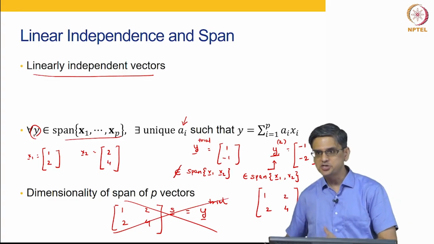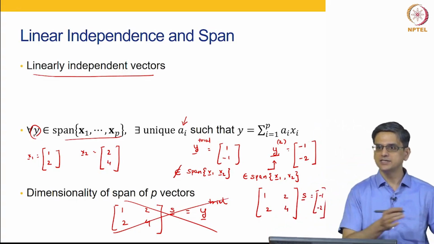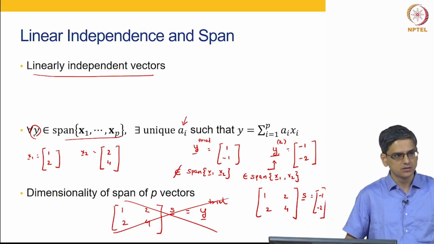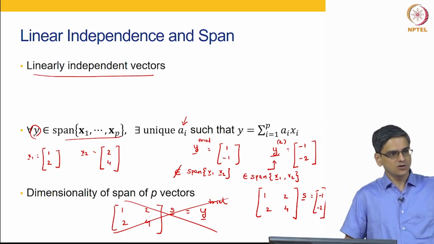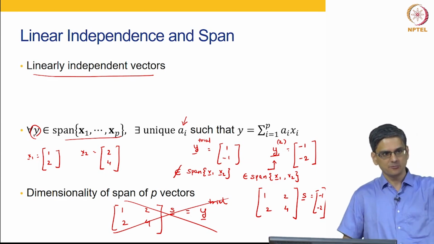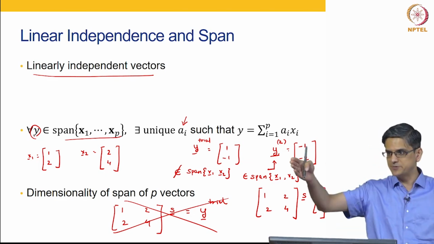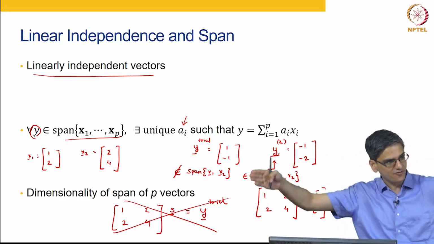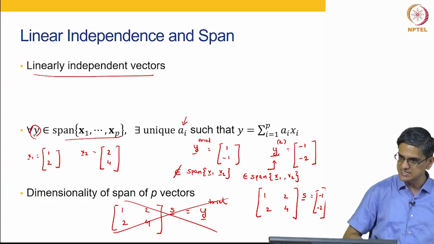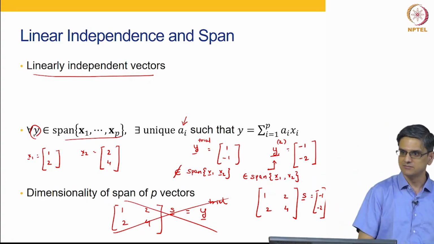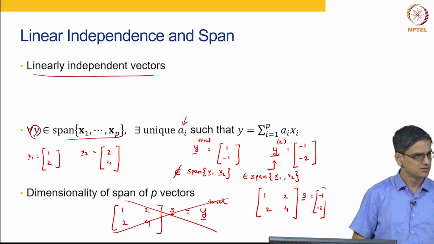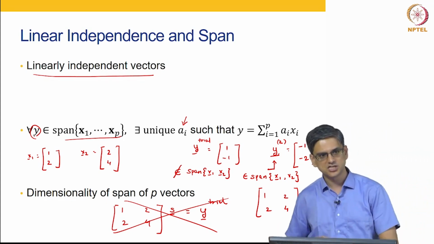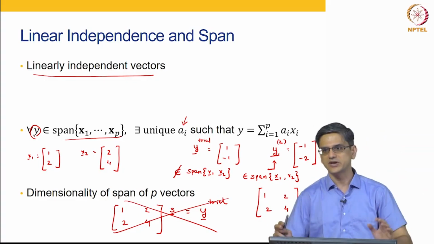So, how do you check whether Y is in span of x1 to xp? If rank of the A matrix formed by x1 through xp, and rank of the A matrix formed by x1 to xp and Y, are the same, then Y is in the span, else Y is not in the span, right. Exact same thing that you have done before, just putting it in terms of vector spaces.